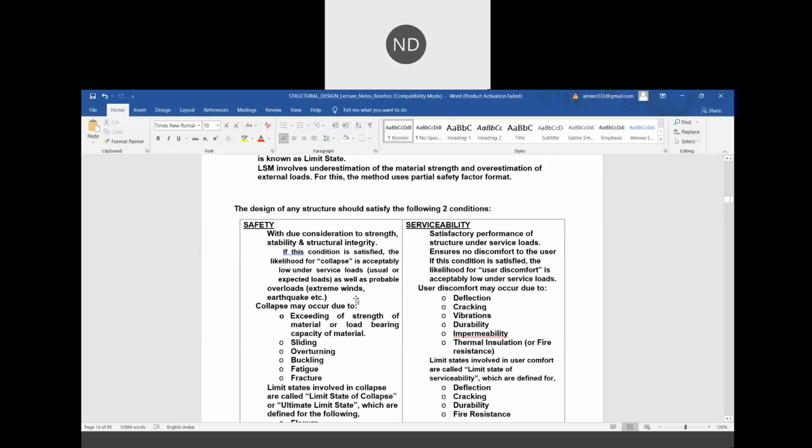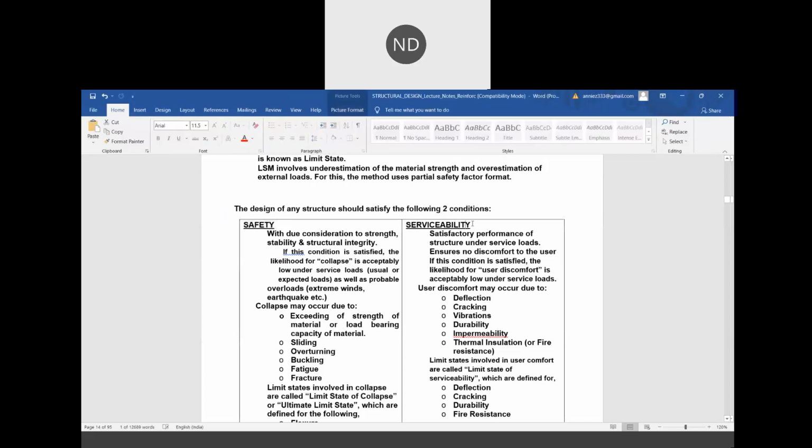Now the design of any structure should satisfy these two conditions: safety is okay and serviceability is also okay. That means with due consideration to strength, stability, and structural integrity, if this condition is satisfied, the likelihood of collapse is acceptably low under service loads, the usual or acceptable loads, as well as probable loads.